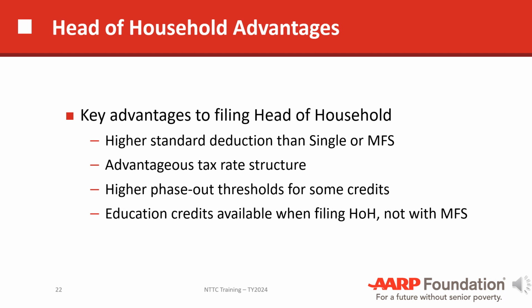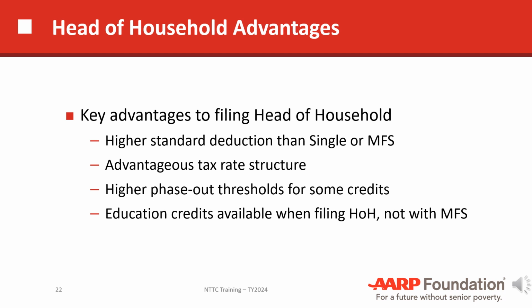Or they may be in what's called a phase-out range, where they qualify for the credit, but they don't qualify for all of the credit because they're in that phase-out range. And then when their income is at the top of the phase-out range, they're completely phased out. They don't get it at all. So that's how phase-out works.